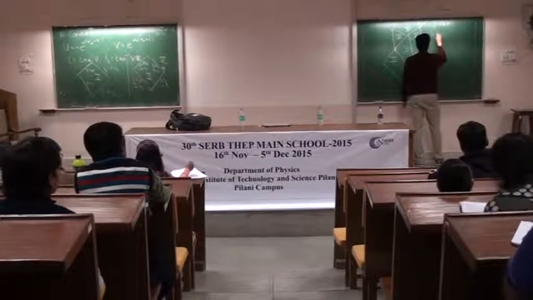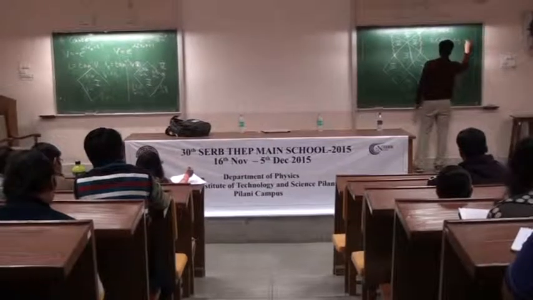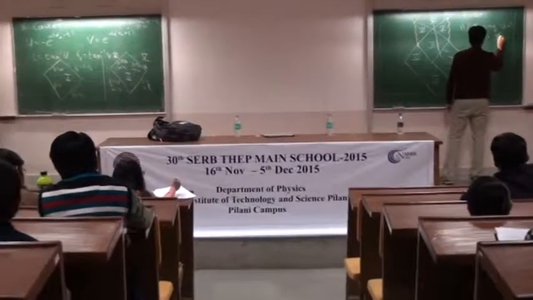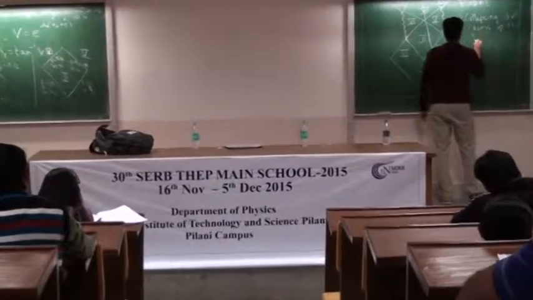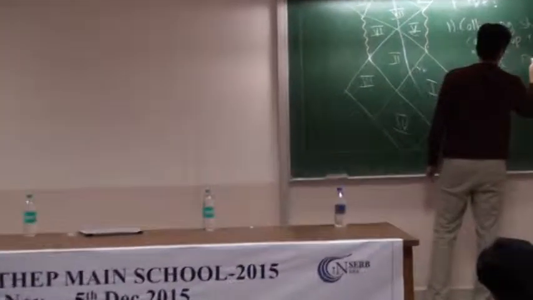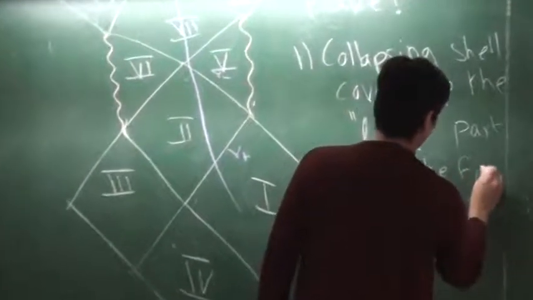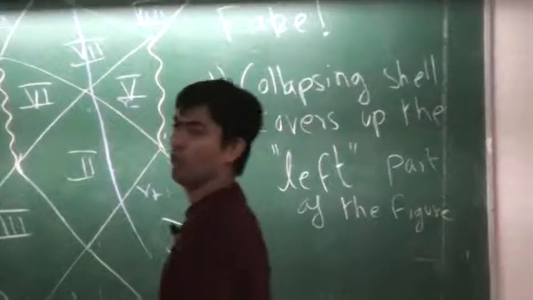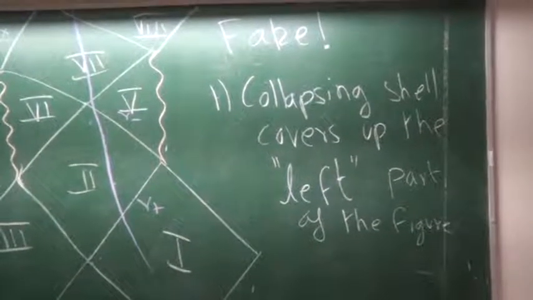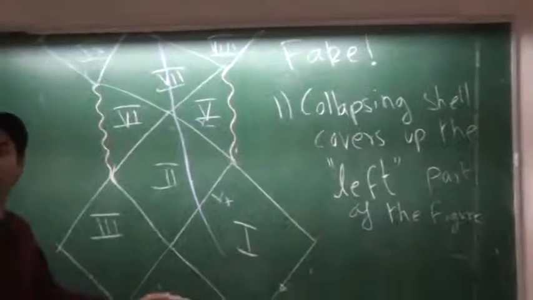One of them is that a collapsing shell, this is the same as what we saw in the Oppenheimer-Snyder collapse solution. If you take a collapsing shell, it covers up part of region 2, and covers up entirely regions 3 and 4.